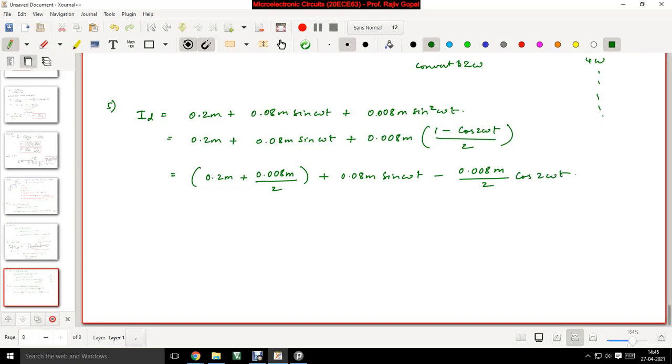Now this is the fundamental frequency. This is the second harmonic.